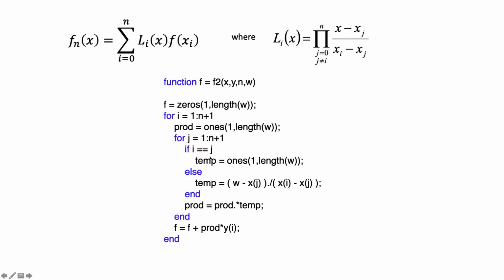Now for j equals 3, since i is still not equal to j, then this temp will be equal to w minus x3 divided by x1 minus x3.